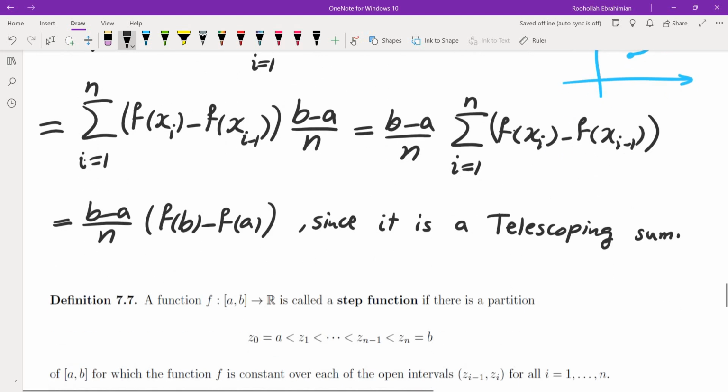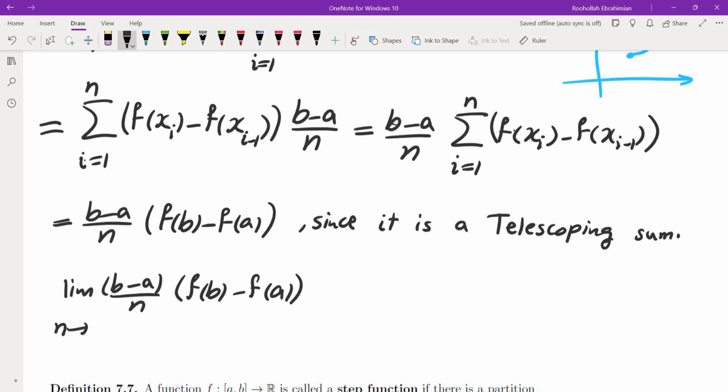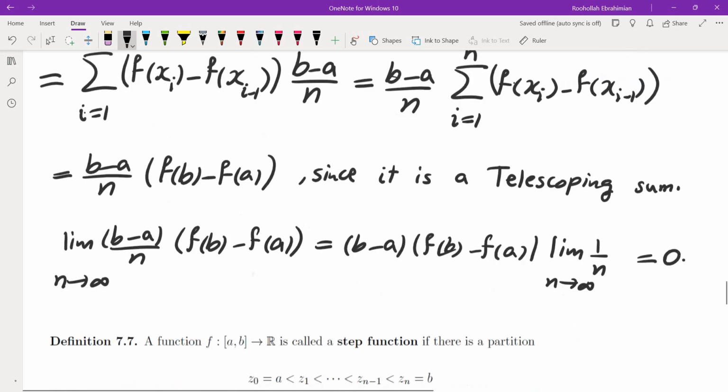Now, f of b, f of a, b and a are all constant. So the limit of (b minus a) over n times (f of b minus f of a) as n approaches infinity is equal to, using the linearity of limit, since b minus a is a constant and f of b minus f of a is also constant, just the limit of 1 over n. The limit of 1 over n is 0. So the whole thing is 0.